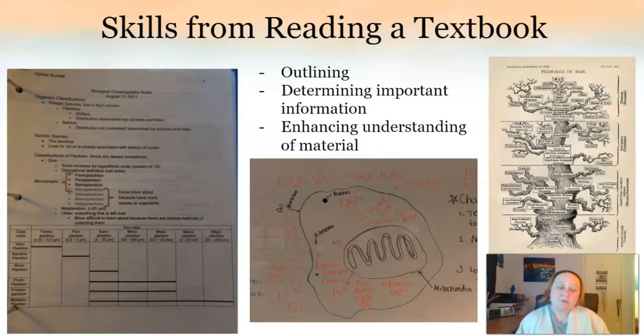So when we are teaching skills about reading textbooks, we usually begin with the teacher standing in front of the classroom and writing down notes on the board. Students then will write that down and then they will usually read a textbook and develop skills that will allow them to do this independently.